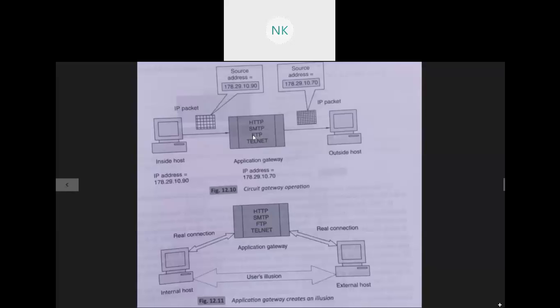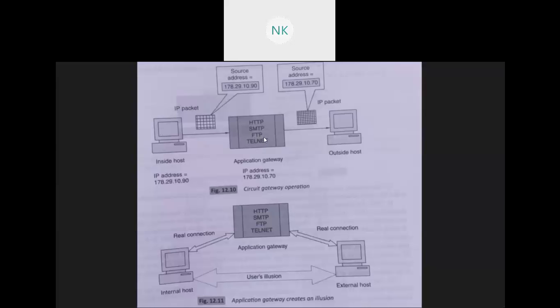First, the user contacts this application gateway through a TCP/IP connection. When the user contacts the application gateway, it first asks for the IP address or the domain name of the server that the user wants to communicate with, or set up a connection with.